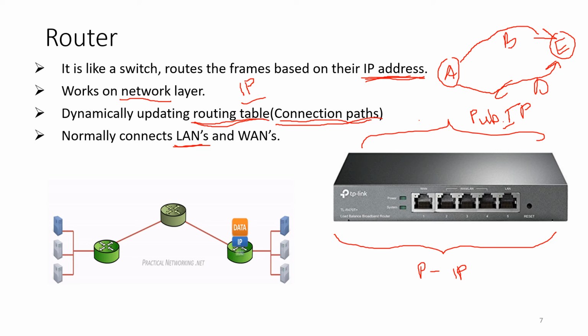Depending on the IP, it will send the data to the next router. The next router will check the MAC address and IP, and depending on its connection path, it will send to the next router and then to the destination node. I will explain in some of the videos how this routing happens with an example of IP and MAC.